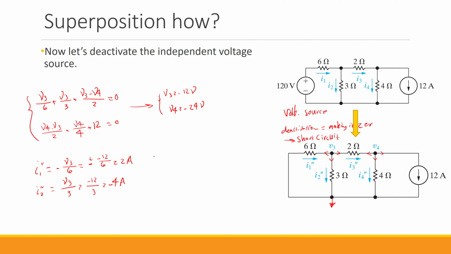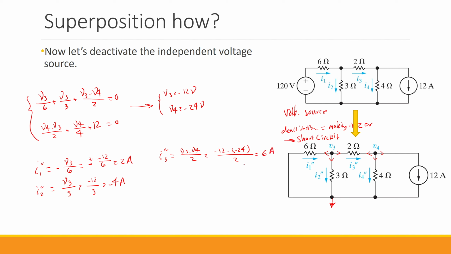So now let's just go through I3 double prime. So I3 double prime is V3 minus V4 over 2. So V3 minus V4 over 2, or negative 12 minus negative 24 over 2, which is 6 amps.